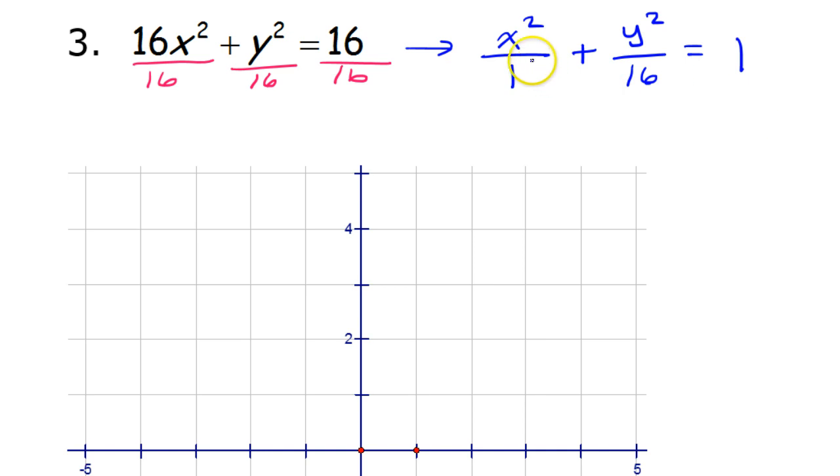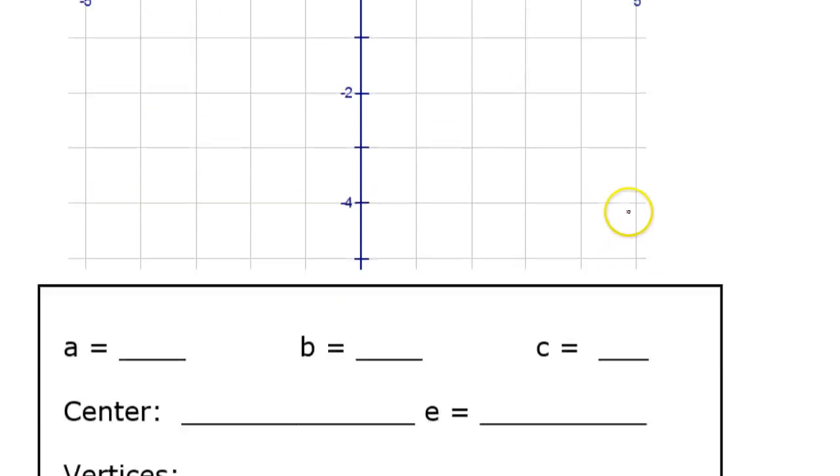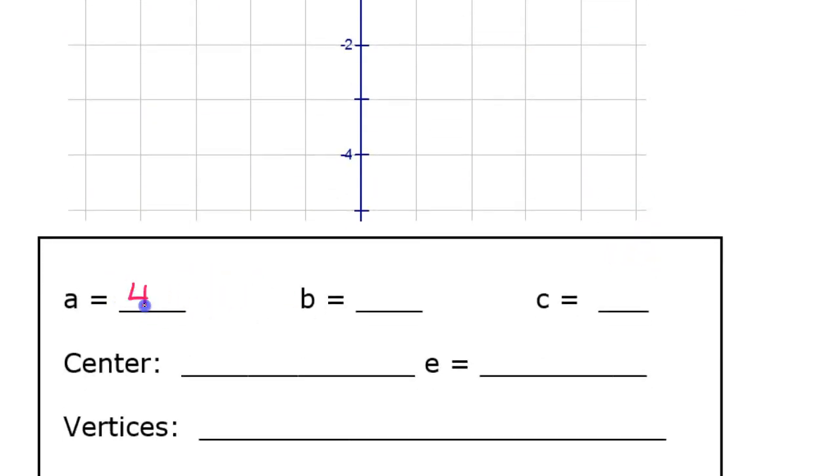So this is what we will look at for the rest of the problem. Remember, the bigger number is a squared. So this is a squared, which means that a is equal to 4. This, the smaller number, is b squared, which means that b is equal to 1. Okay, so a is equal to 4, and b is equal to 1.